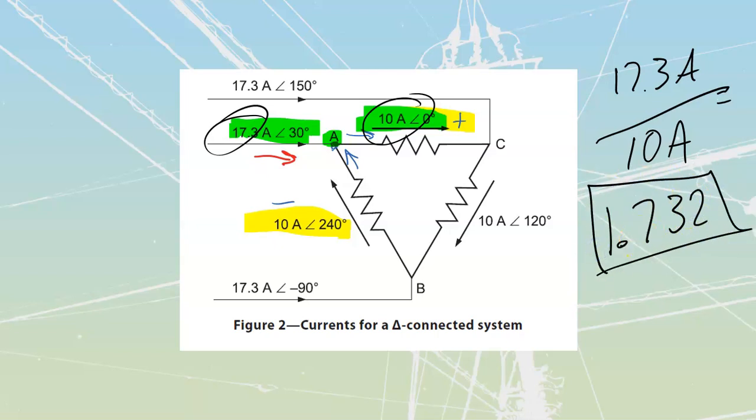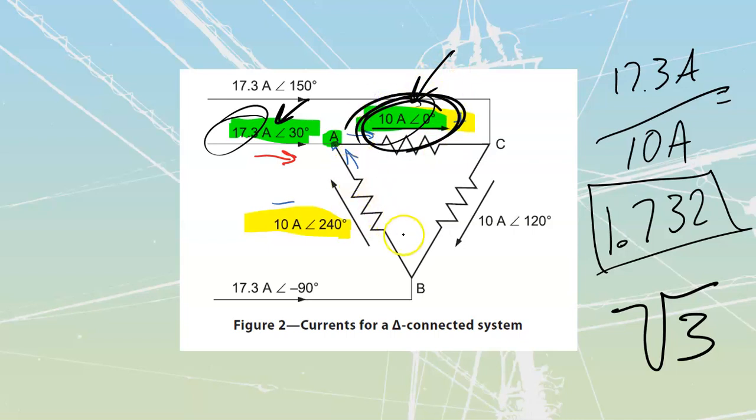We recognize this number as root 3, 1.732. In other words, my I line is going to be 1.732 times larger than my phase current, because it is going to be made up of this phase current as well as this phase current, which is going to be aiding it as well.